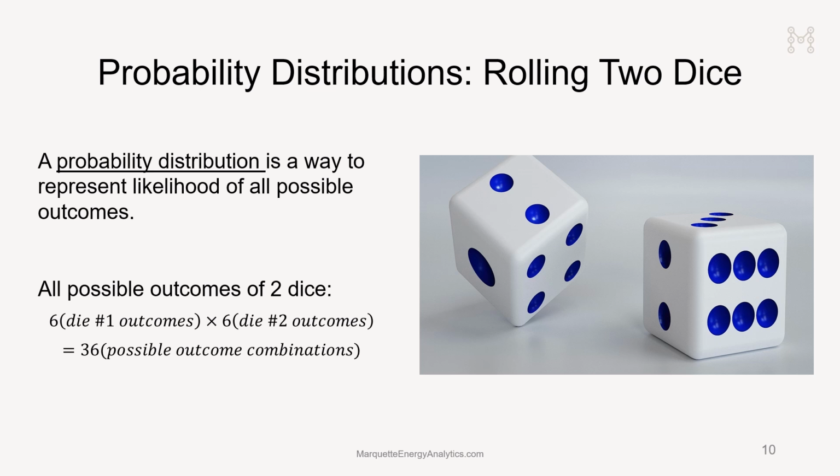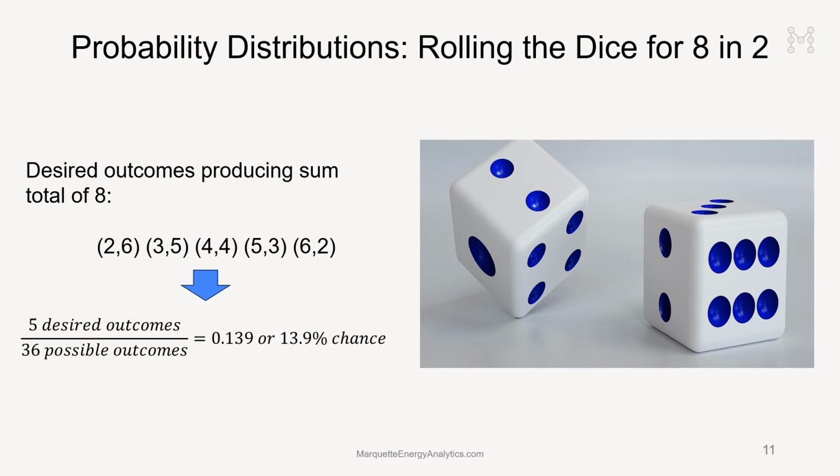Now let's say we're interested in finding the probability of a specific outcome using these 2 dice. For example, let's explore the scenario where we want to know the likelihood of rolling these dice and having their face values sum to 8. To determine under which conditions this can happen, we can calculate all the possible dice combinations that result in that sum, which we can see here are these 5 combinations shown in the middle of the slide.